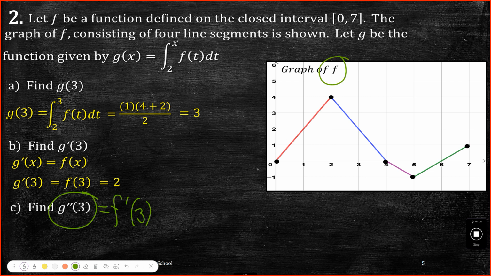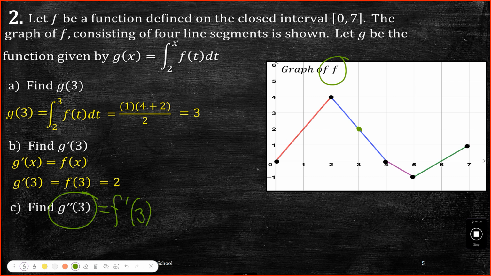The slope of it at that point, no? So what is the slope there? Rise over run, is it negative 2?